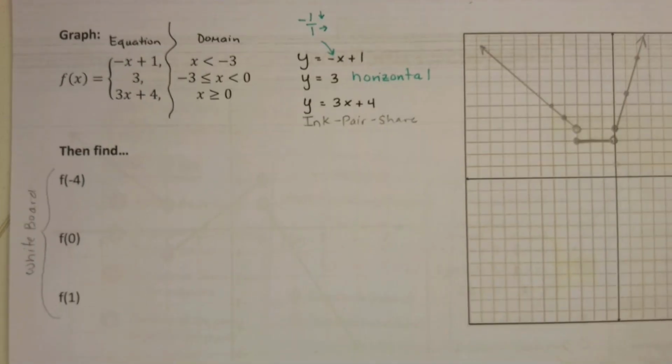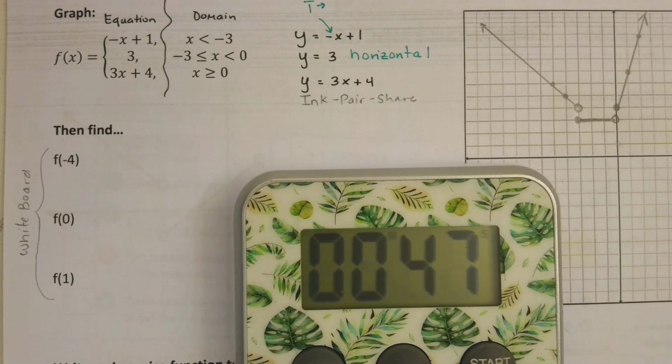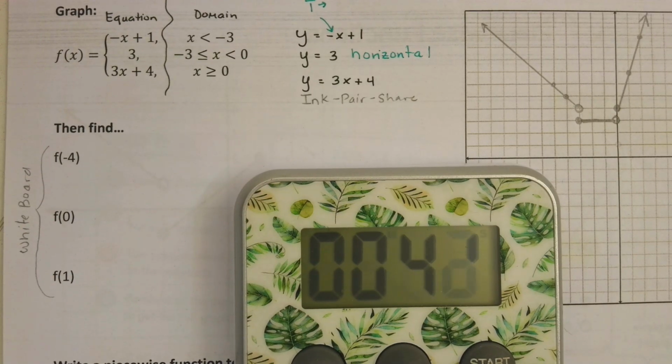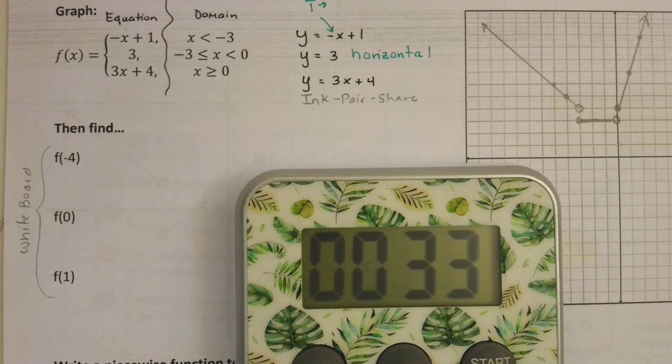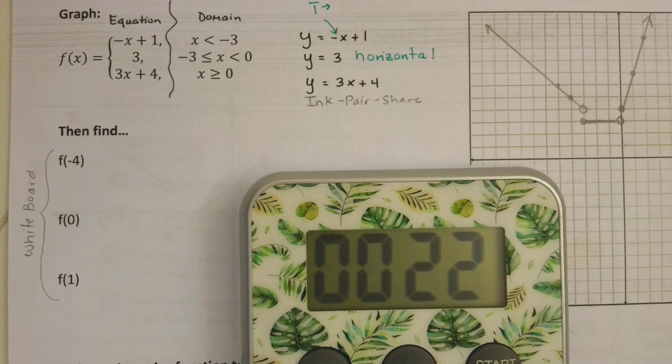Again, you can find it by looking at the graph for some of them, and then if it doesn't fit on the graph, you can always plug it into the equation that has the right domain. Alright, once again, we should have 3 numbers on a whiteboard at the end.